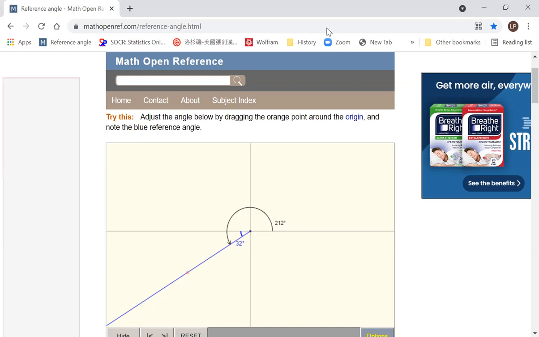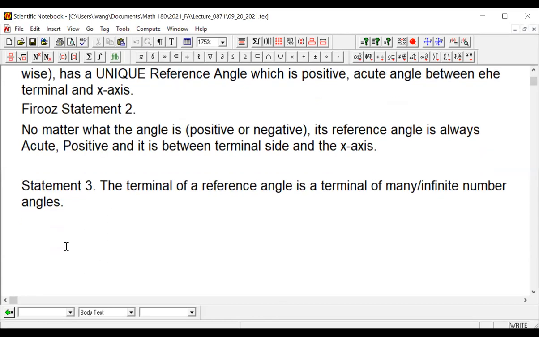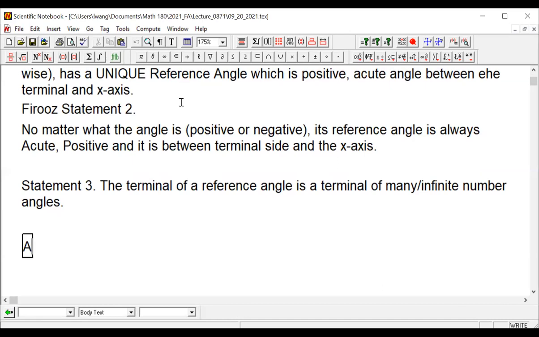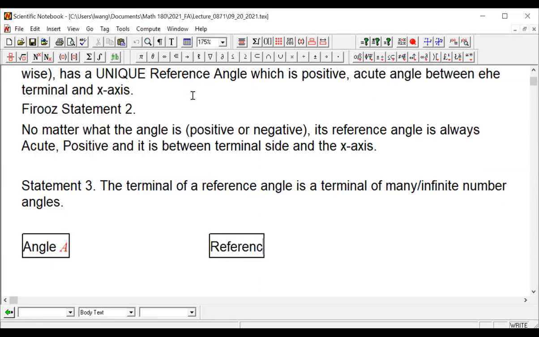So what have we studied here? These two statements. If you have an angle A, and on the other side you're going to have a reference angle.